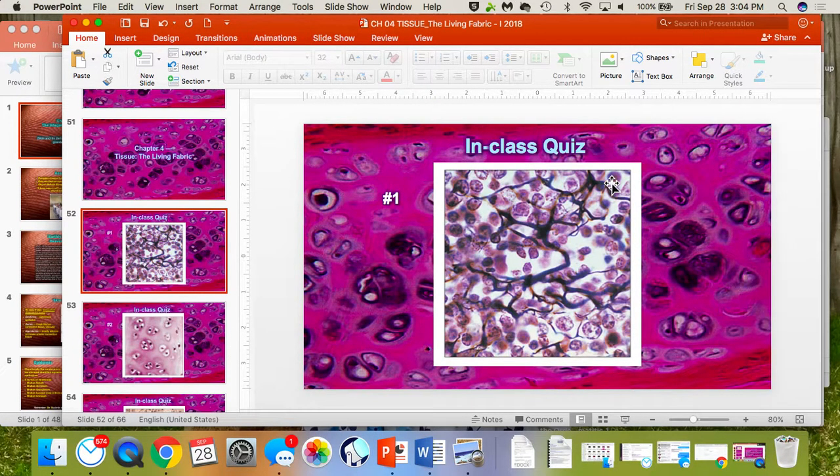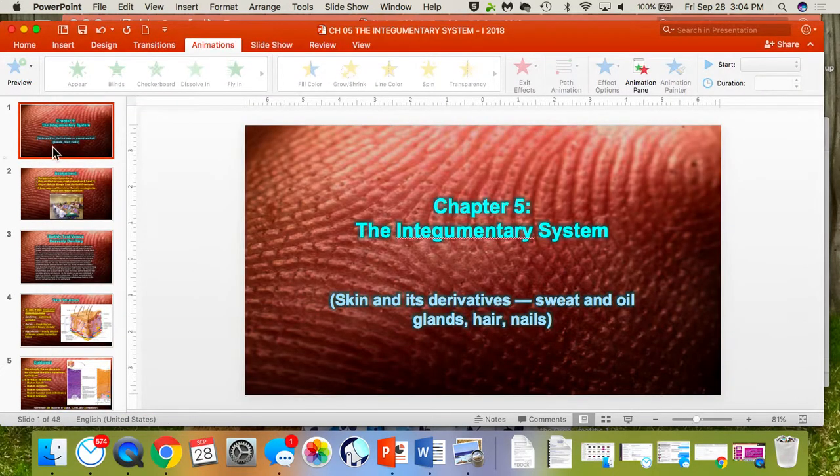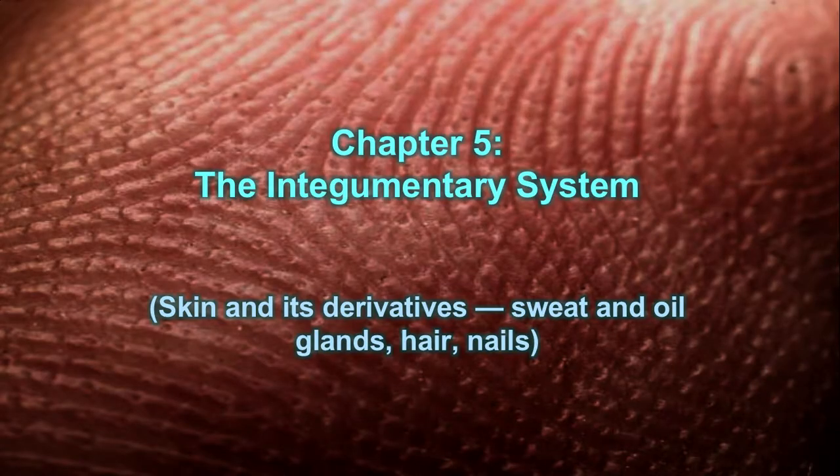All right, that takes us to the end of chapter 4. Yay! Any questions about tissues? Okay, then what we have done is finish the introductory material into organ systems. So from now on, we will study until we make it through the entire body.